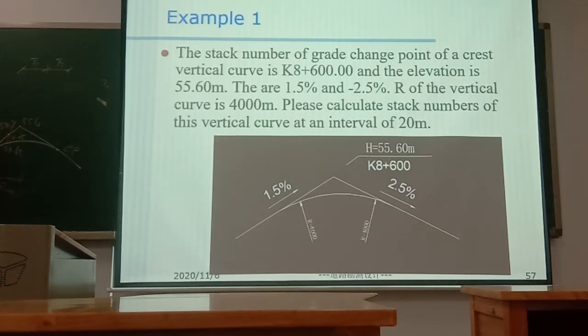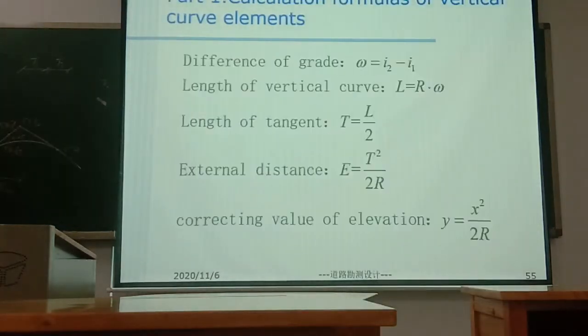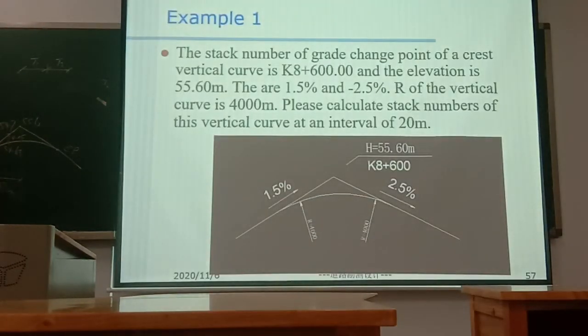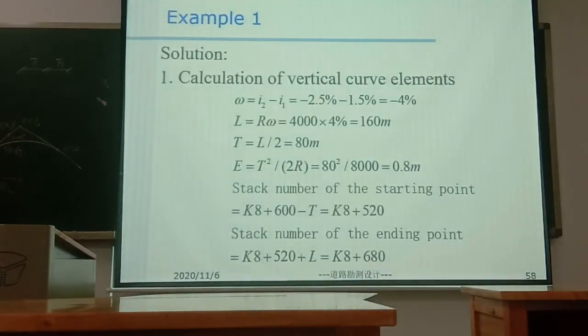The length of T can be calculated by the formula. Omega, how to get omega? I2 minus I1. R is low. So we can get this. The elevation of the start point is how much?